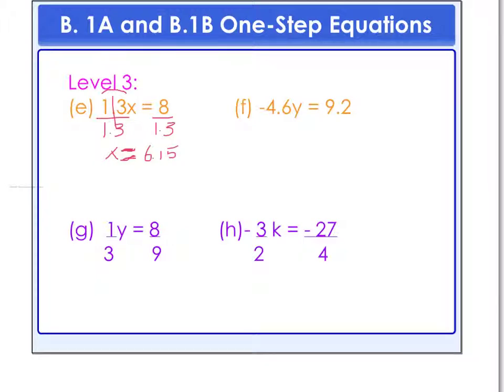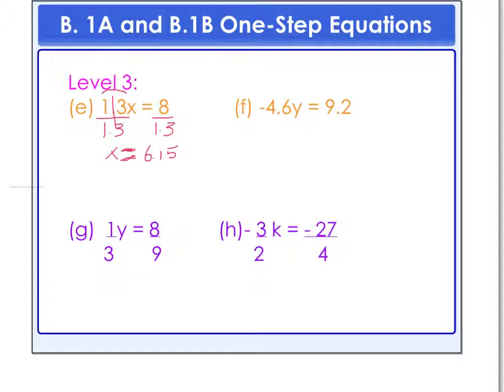Now it's not exact, which is why I didn't use an actual equal sign. If I go back in and I do 1.3 times 6.15, I get 7.995, which is very close to 8. Since I rounded, I know that is true.